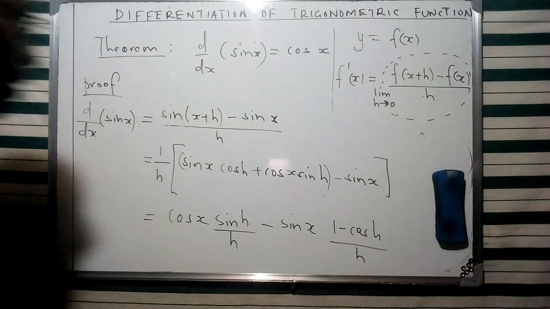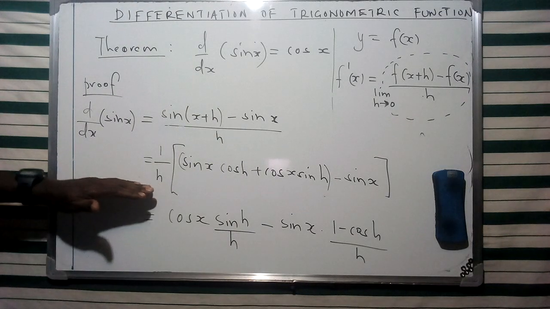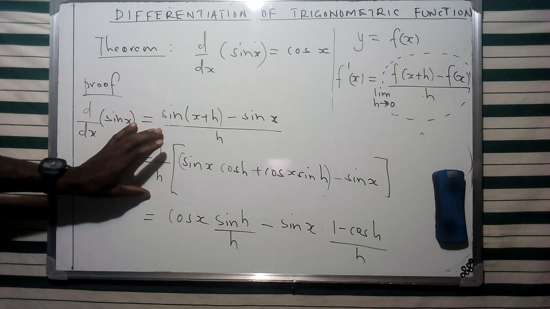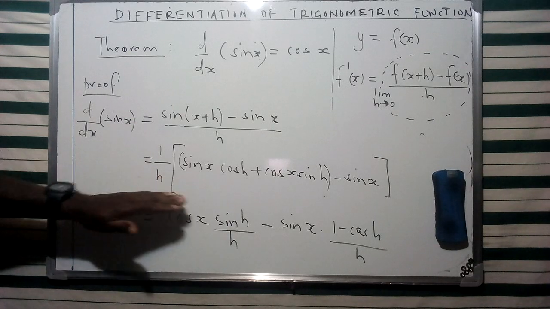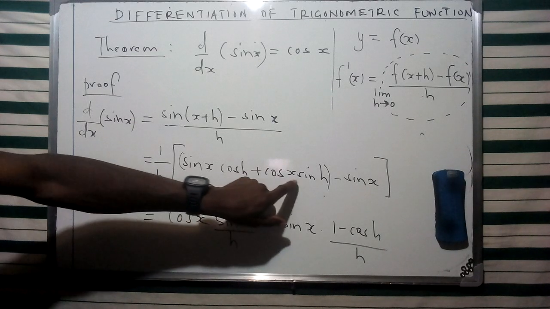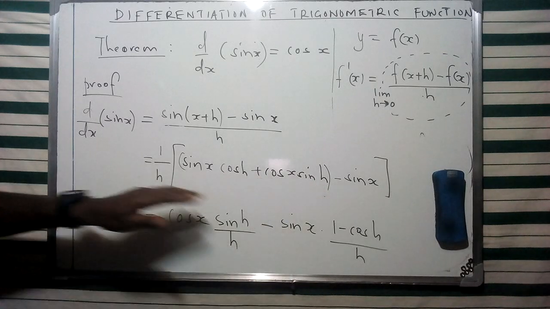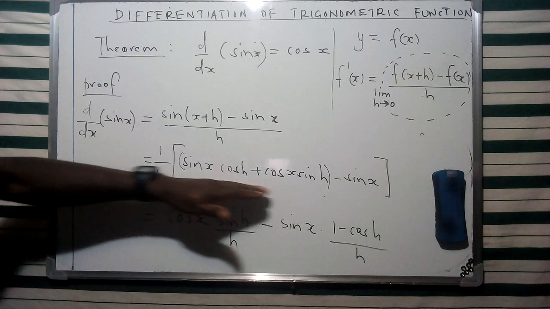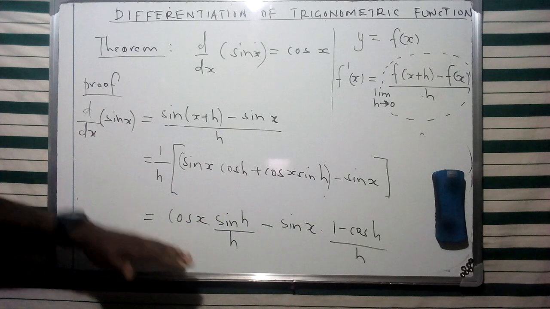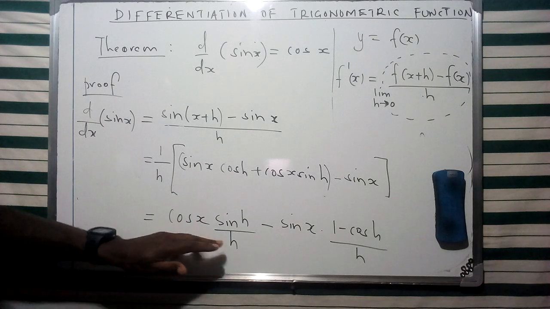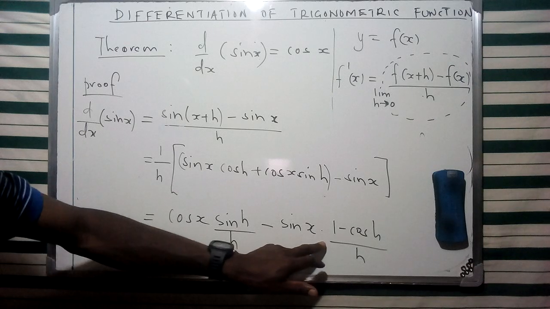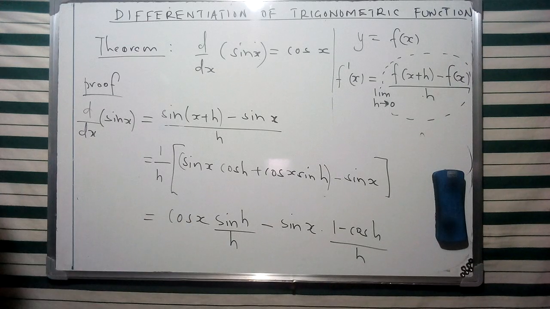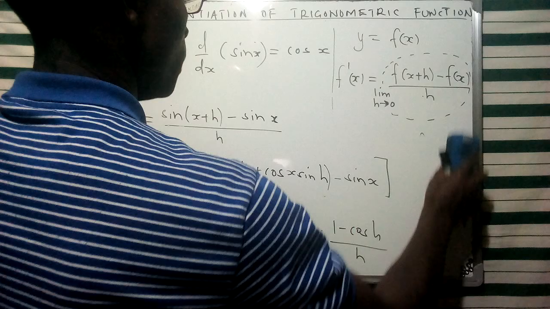So basically this is a simplification of this section of this equation, whereby we are going to have this first portion divided by h plus cos x sine h divided by h, and the whole of this is going to reduce into a form of cos x sine h over h minus sine x cos x over h.